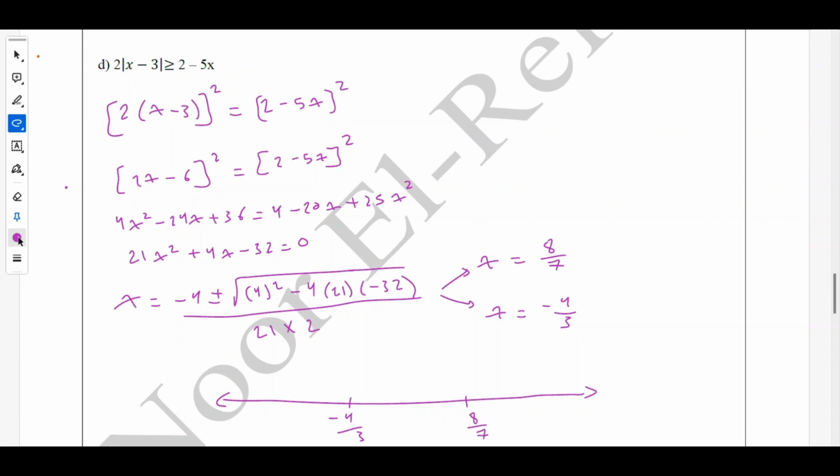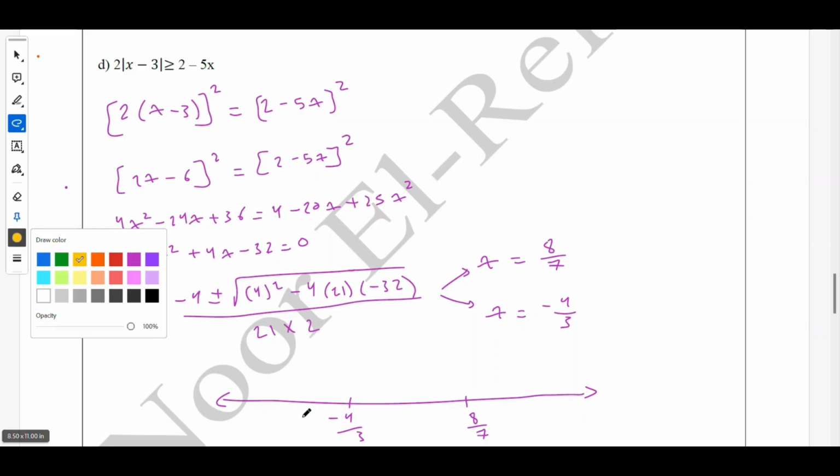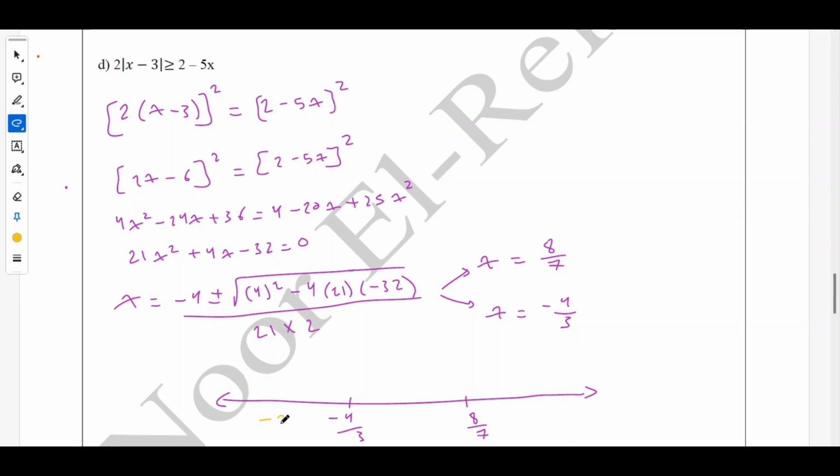I have to choose a value less than negative 4 over 3, for example negative 2. A value between negative 4 over 3 and 8 over 7, 0. A value greater than 8 over 7, 2. Let's check.